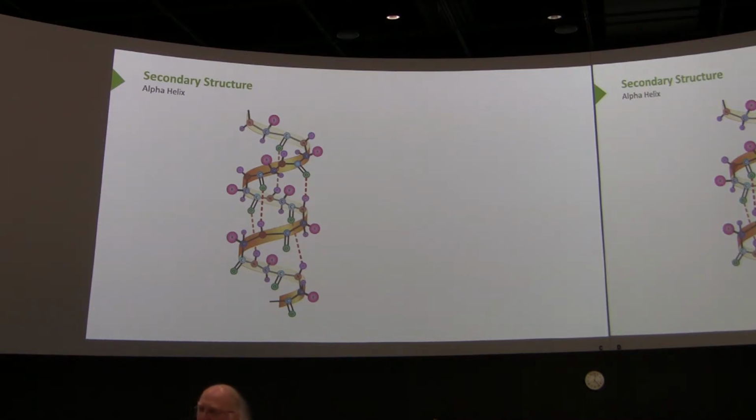Let's talk about structure. We've been talking about structure. We're moving on from primary structure, which is the sequence of amino acids, to talking about secondary structure.